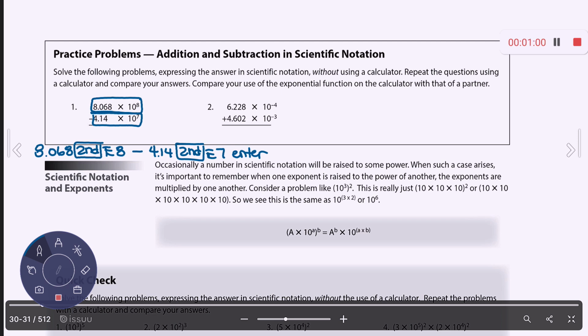You're going to get, if you're in psi mode, 7.654 times 10 to the 8th. Confirm that you can get that before we go on.